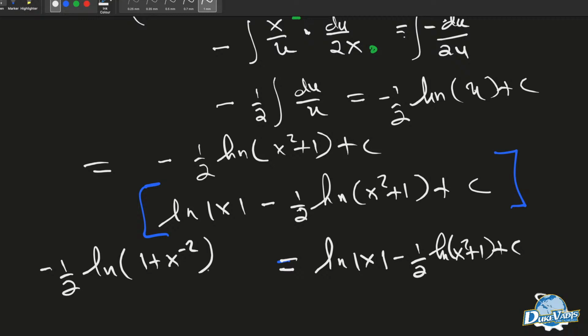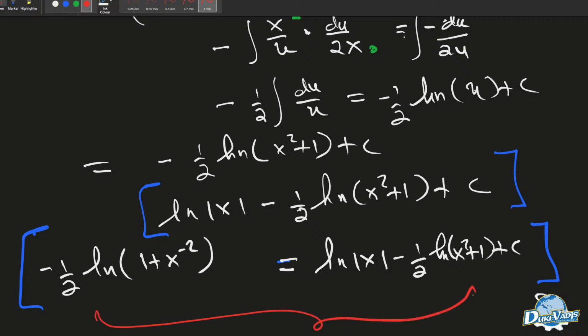These two are the same. These two integrations are totally the same. So this is the final answer. If you want to verify it, you just have to apply the principles of logarithm.